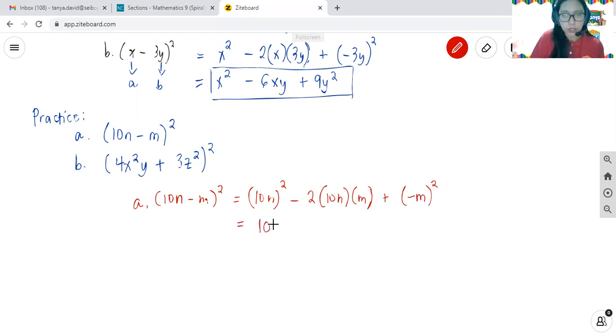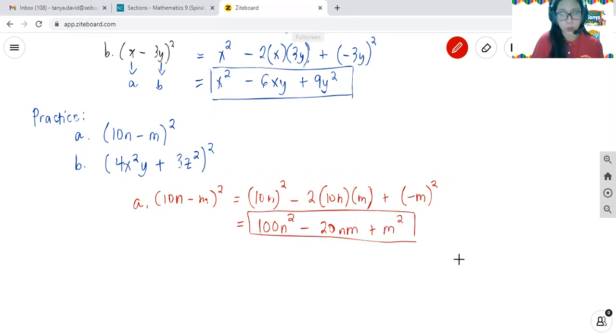So we will have 100n squared minus 20nm plus m squared. Did you get the same answer? I hope you did. For letter B, we'll have 4x squared y plus 3z squared quantity squared.